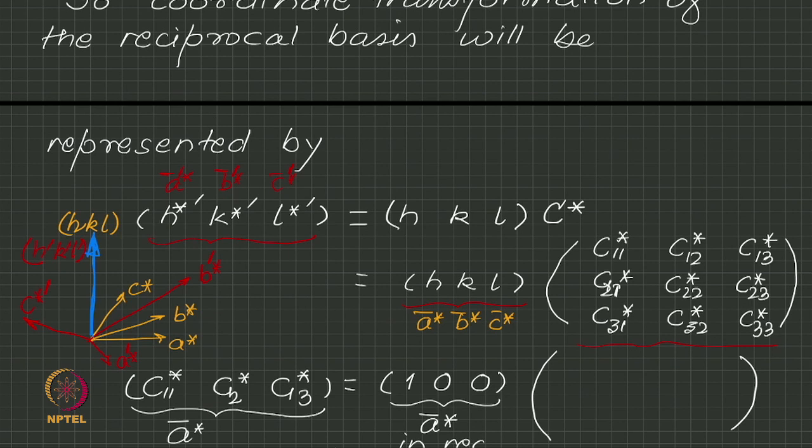And how do I go from one to other? So, since I decided to write them as row vectors, the row vector multiplies the matrix from the front, as you know, from the left.